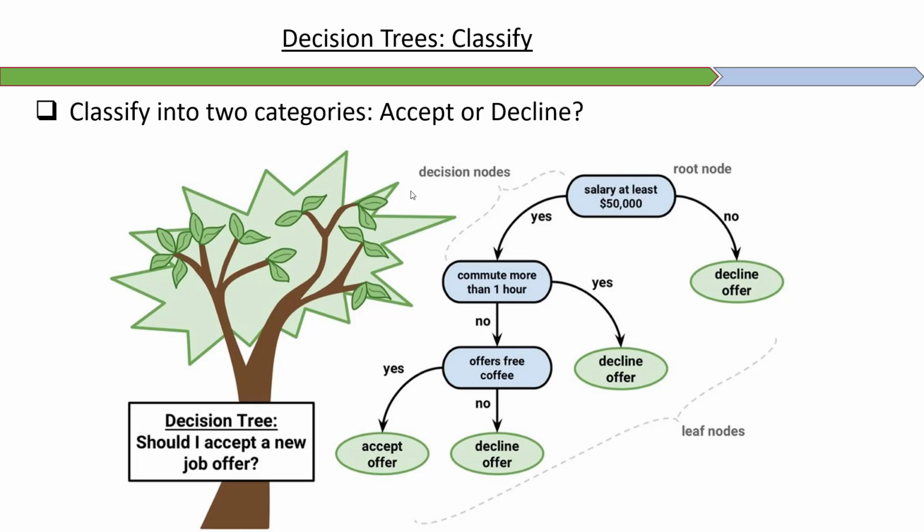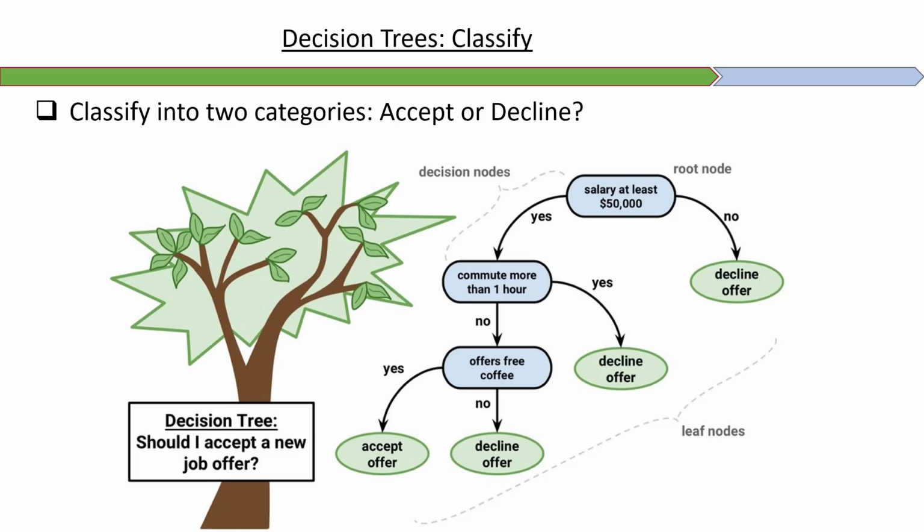So if you look at the top of the decision tree, that's called the root node. At the top, you do see that the salary should be at least $50,000. If the salary is at least $50,000, is it yes? If it is yes, you go through the branches on the left side of the decision tree.